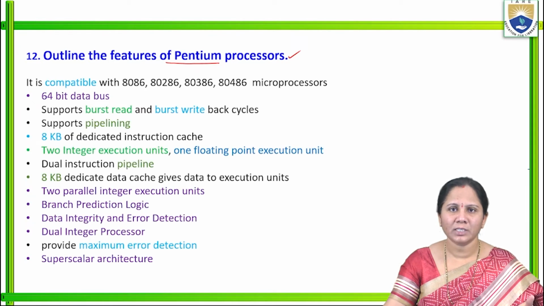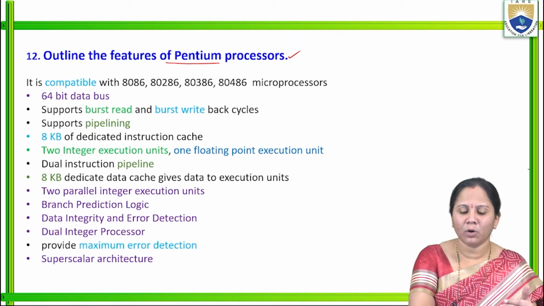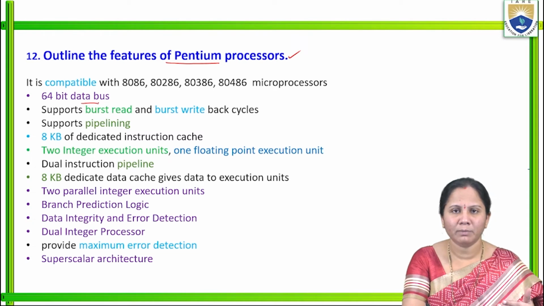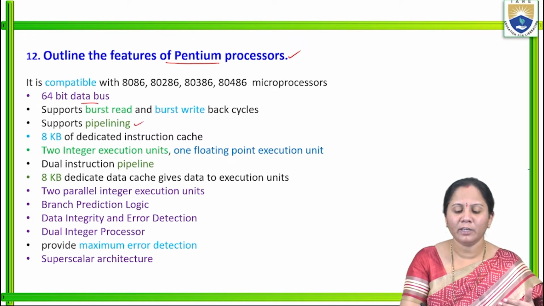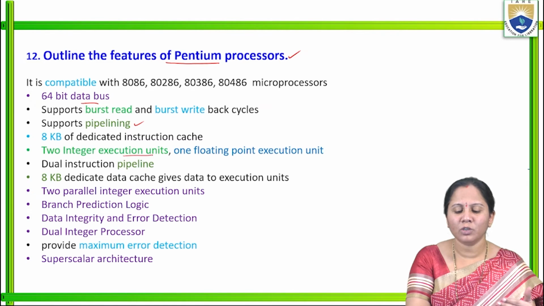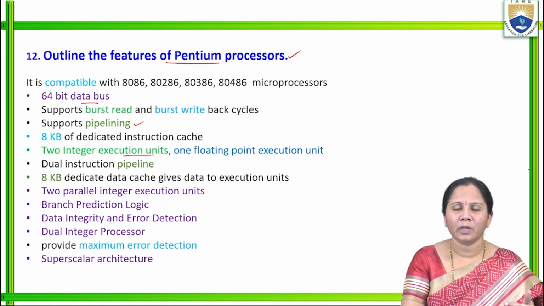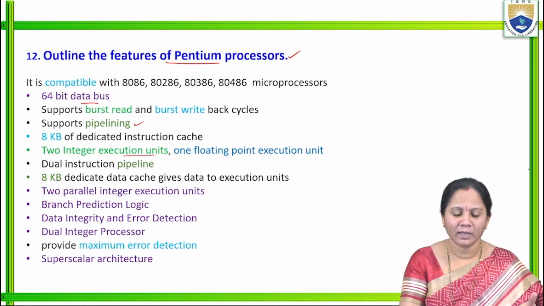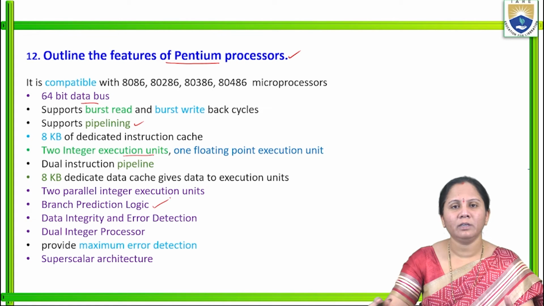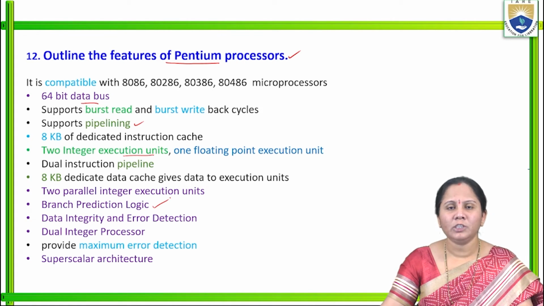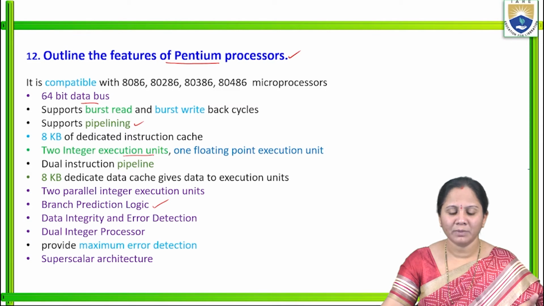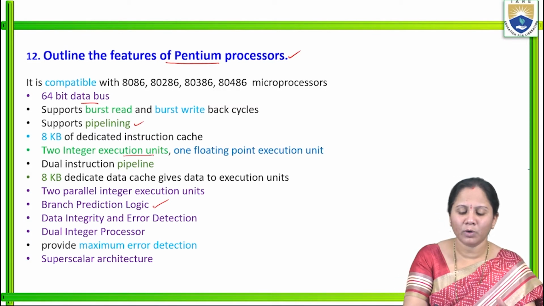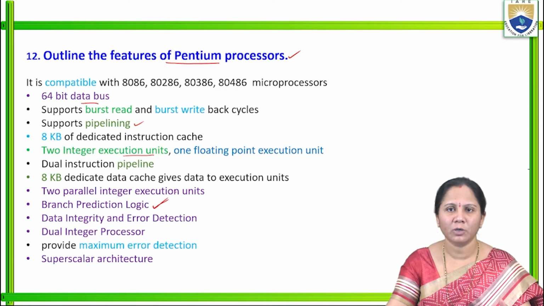While writing the features, we have to concentrate on the size of the data bus, whether it is supporting pipelining or not, how many execution units are present, how many execution units support integer calculation and floating point calculations, and if there are any issues in the pipelining mechanism, how they can be overcome. That means these processors will have one important logic, which is called branch prediction logic.